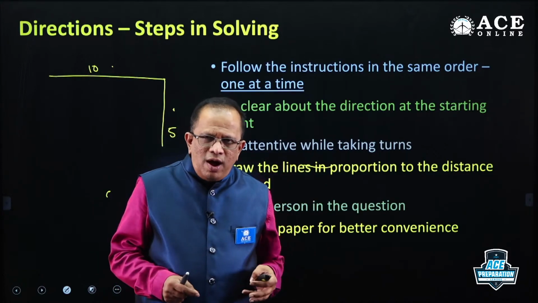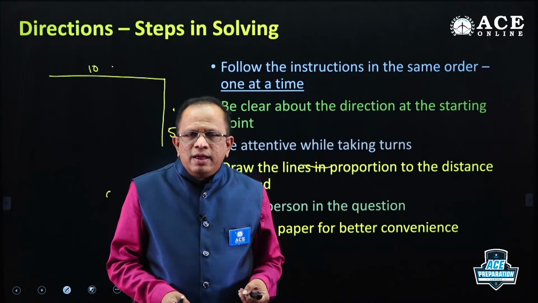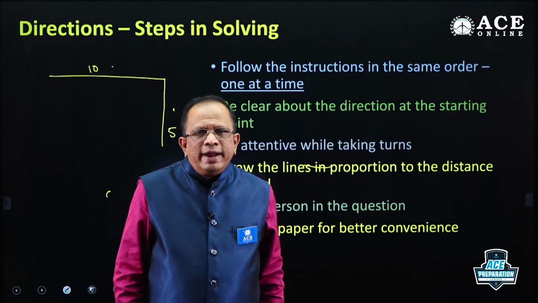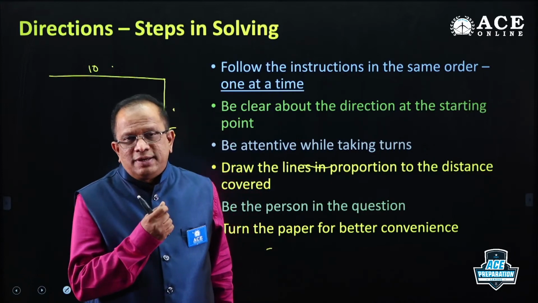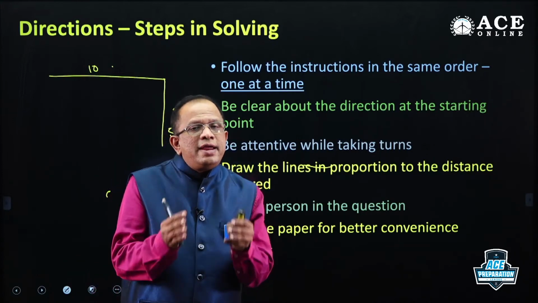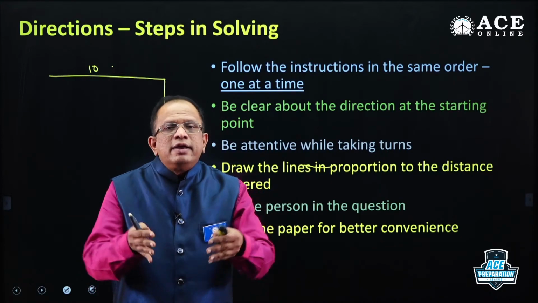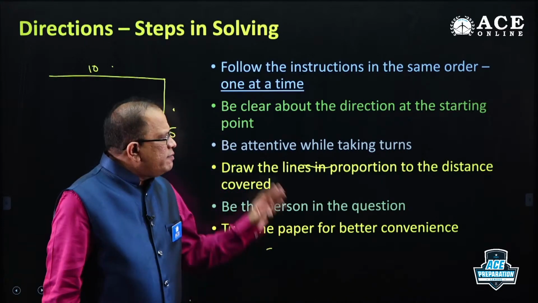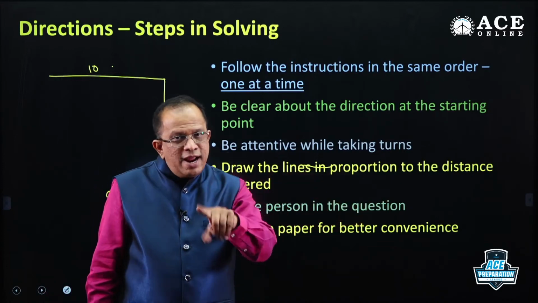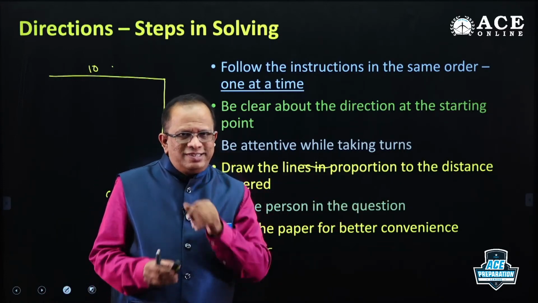As you cannot walk, you can turn the paper. By doing that, you are going to get an accurate answer. Because if you align the direction of movement with your sitting posture, you are going to be perfect whenever you take turns. Again, I'll explain this when we solve the question.